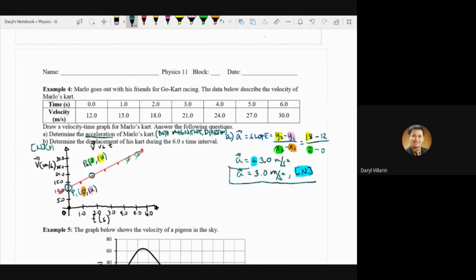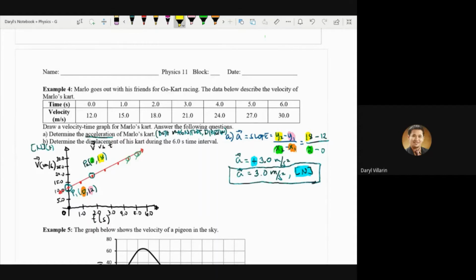In that particular case, you can just answer 3 meters per second squared. So again, the magnitude has the number plus the unit. If you just answer a number, that is incorrect because it must be with a corresponding unit.